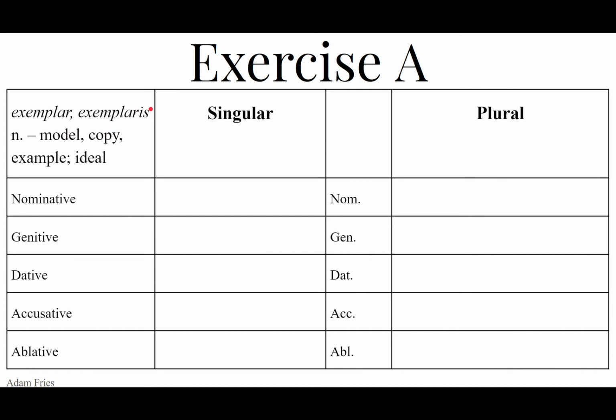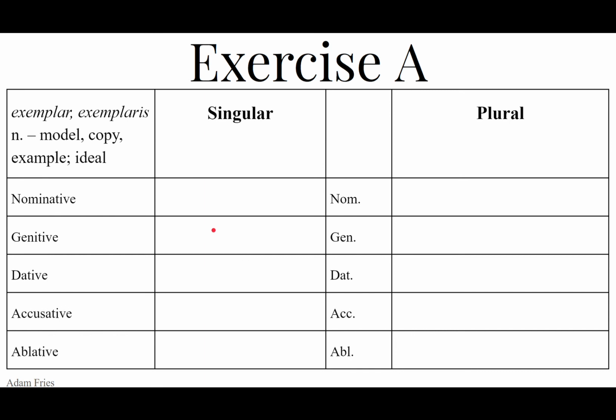The third declension neuters only have one rule. Does the nominative end in -al, the letter E, or -ar? Aha, it ends in -ar, exemplar, exemplaris. That means that it will have third declension neuter I-stem endings.